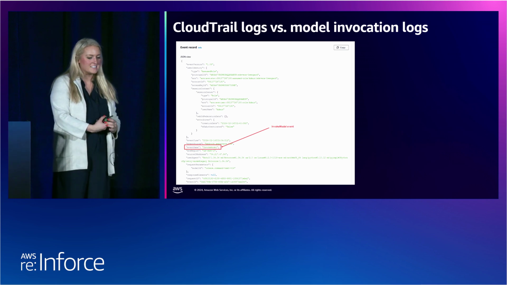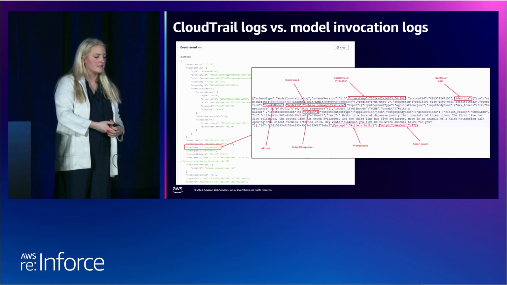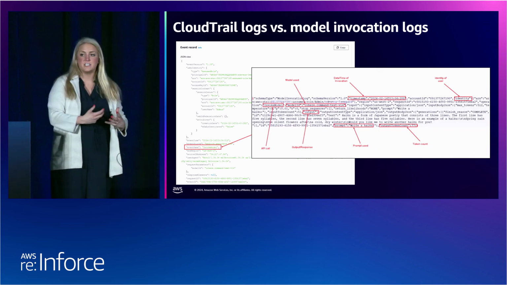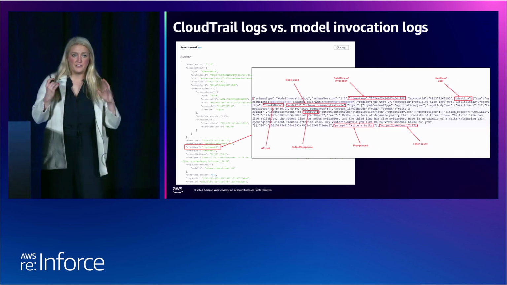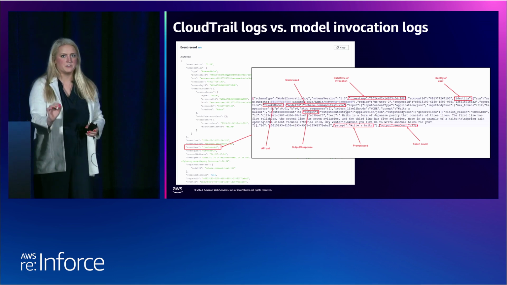Anyways, the difference here is CloudTrail logs would provide you more control plane information, whereas the model invocation logs would provide you more the data plane information. So the difference here being administrative functionality within the control plane, and then the model invocation logs would provide you more granular, the actual data that goes into the service.